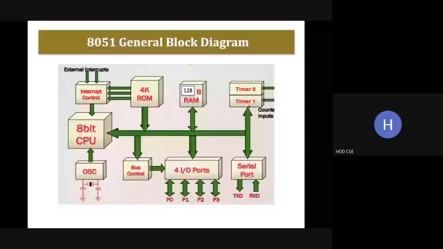Then we have 128 bytes of RAM, which is used to store the data, and a serial port used for serial transmission, and we have 4 I/O ports, and a bus control unit, which is used to control all the ports, and an oscillator, which is used to generate the clock signal. This is the general block diagram of 8051.